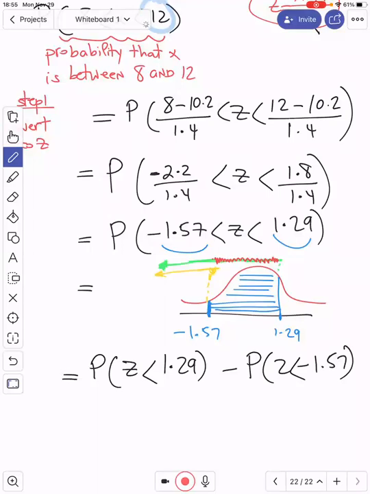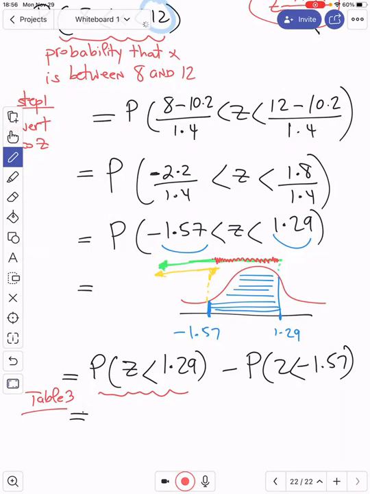And now I can use my table, right? Because my table number 3 gives us the areas to the left, right? So we can use table number 3 here. Right. So for this probability that z is less than 1.29, nearest tenth is 1.2, nearest hundredth is 0.09.